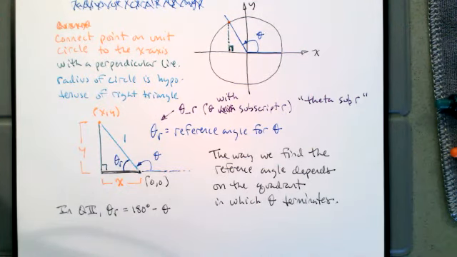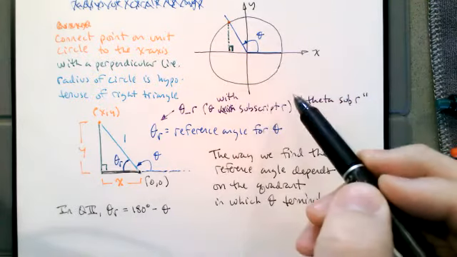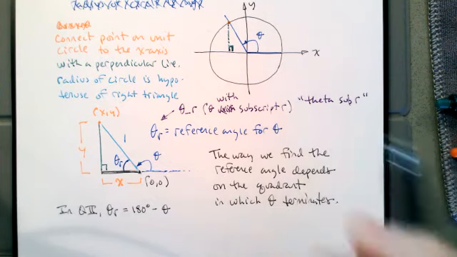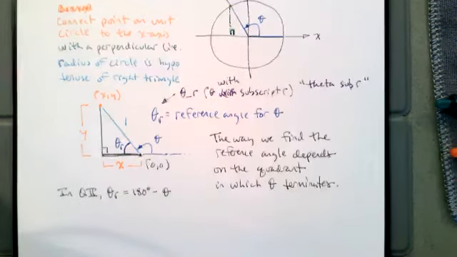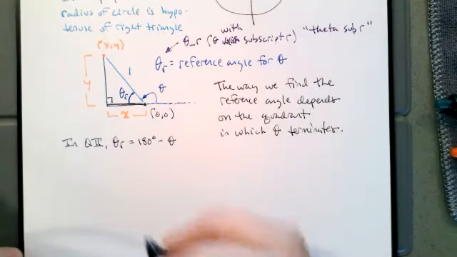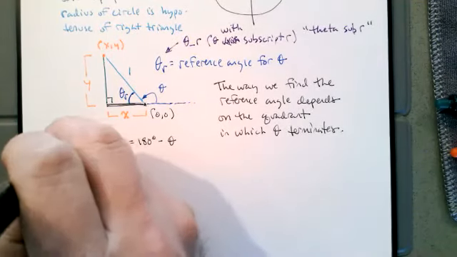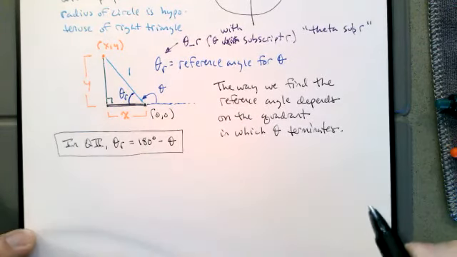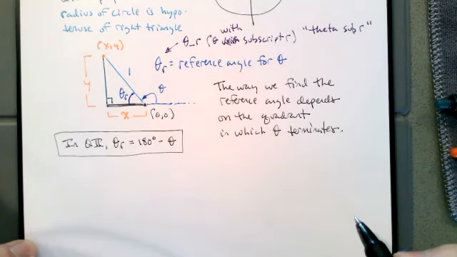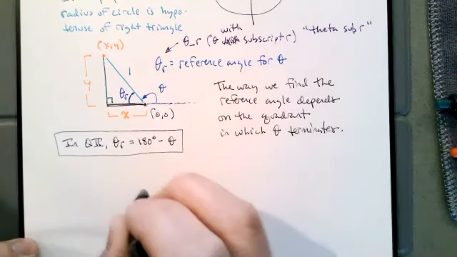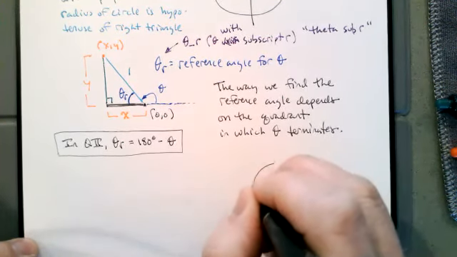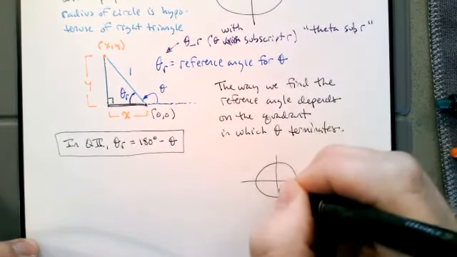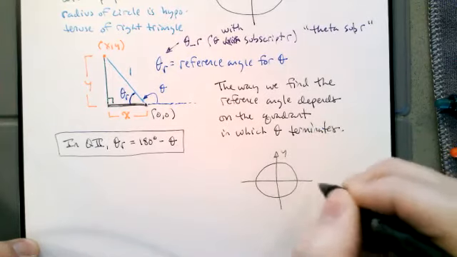What we need to do now is draw theta in each of the 4 quadrants and figure out how to find the reference angle based on the quadrant and the value of theta. So let's draw a theta in the 3rd quadrant. Let's draw another unit circle, and let's draw a theta that terminates in quadrant 3.